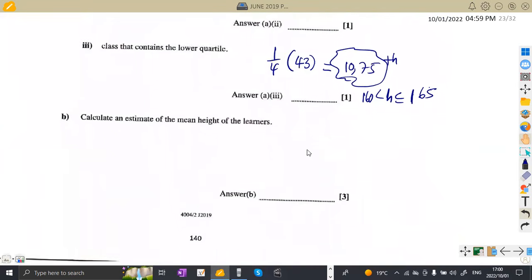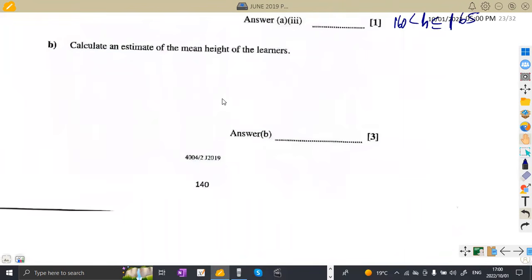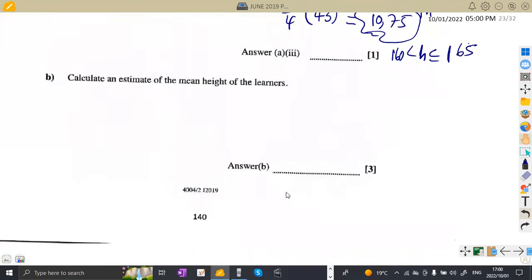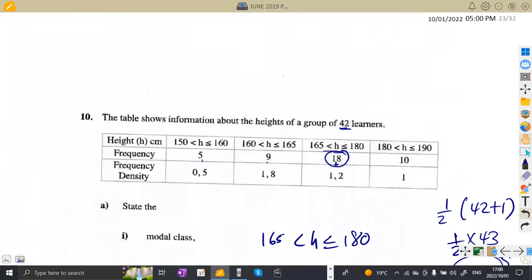Then calculate an estimate of the mean height of the learners. So the mean, guys, I talked about this. Always we are supposed to work with the frequency by the class center. So we have to understand the concept of the class centers. Remember, I talked about the class center, where you add the lower class and the upper class together, you divide by 2.